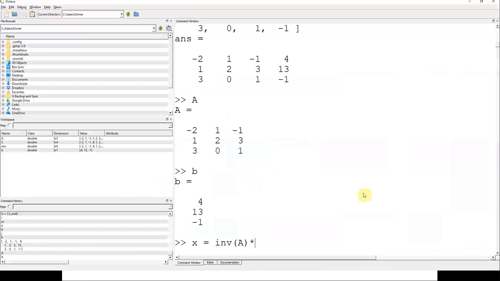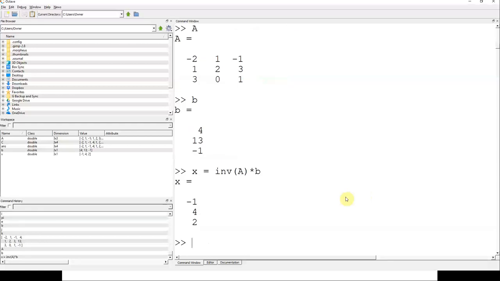So it understands all the rules of matrices. So if you put the thing in the wrong order, it's going to tell you that you have a problem. Anyway, inverse A times B. That's what I said x should be. So that's the answer. That's it.